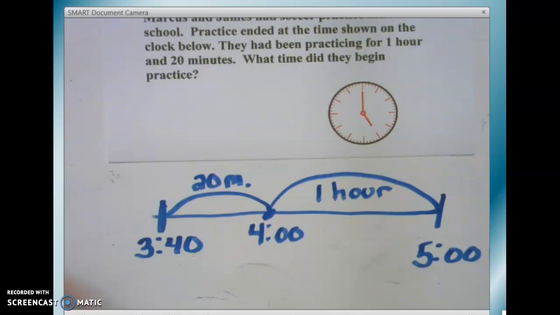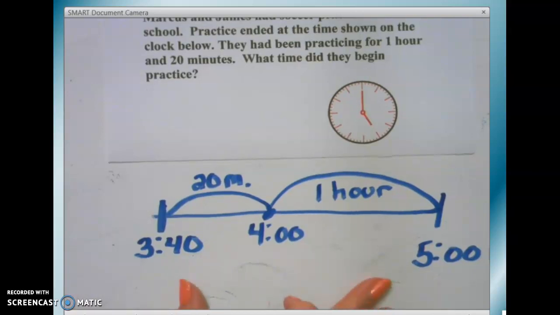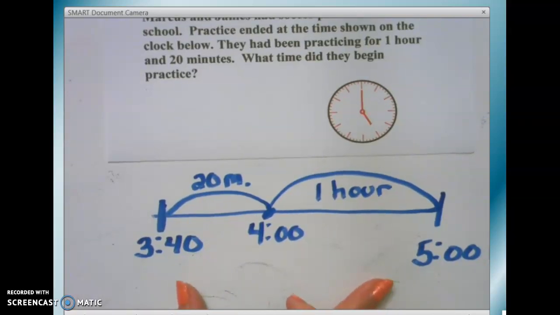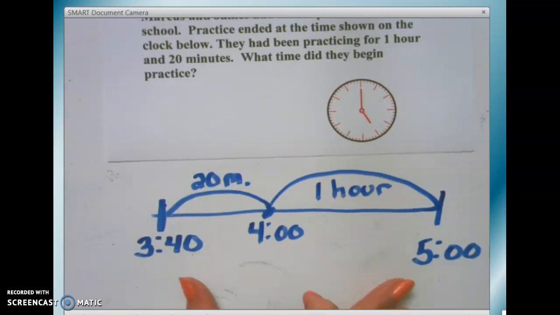Okay, using a timeline is your best strategy. I know I teach some kids sometimes think they can just do subtraction or addition. It gets really complicated when you start adding minutes up that are more than 1 hour. Then students get really confused. So a timeline is your best strategy in 4th grade for figuring out elapsed time.